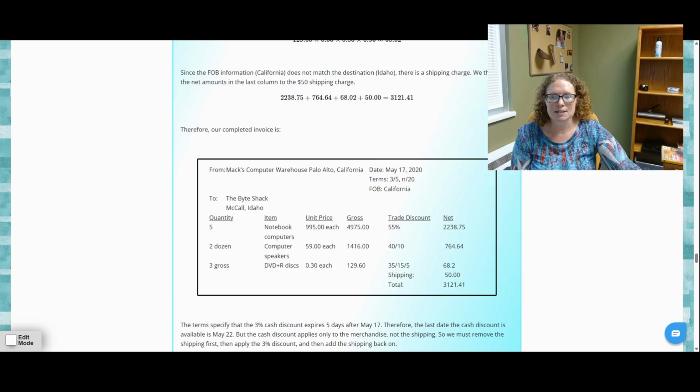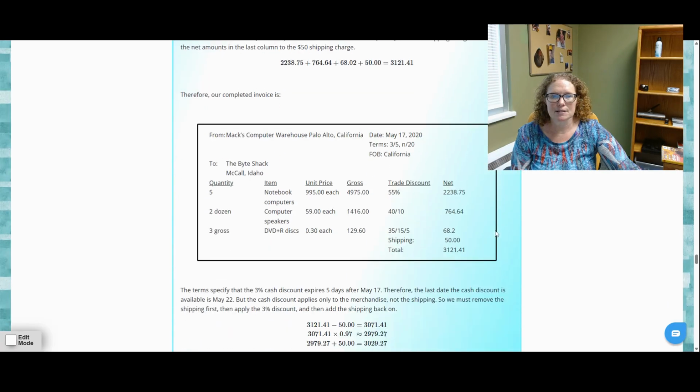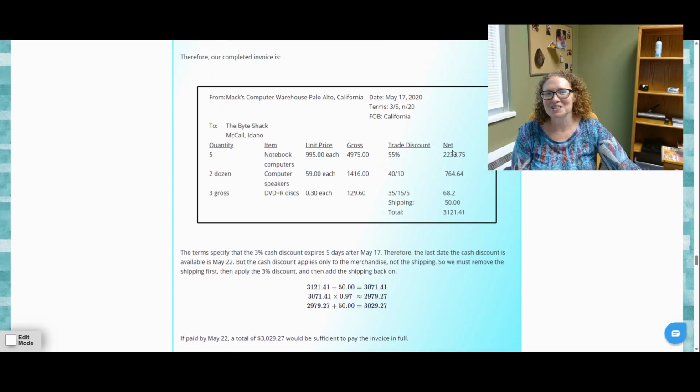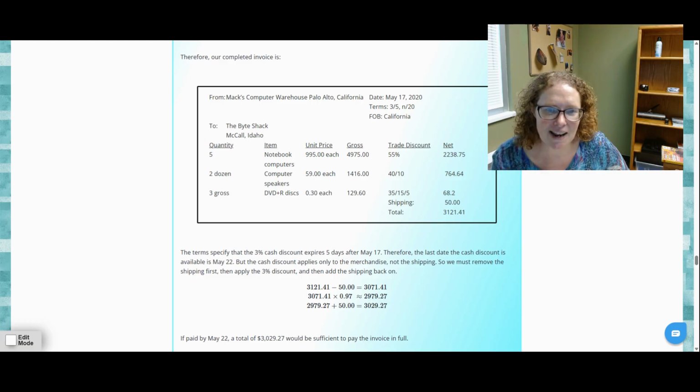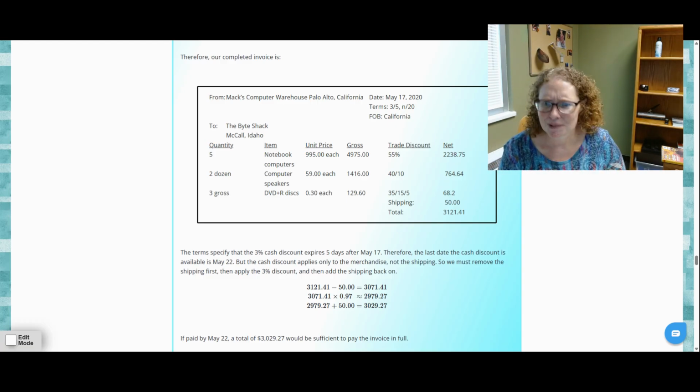So in this example, we see that we've got the terms. It says 3, 5 in 20. What does that mean? The terms mean that there's a 3% cash discount and it expires 5 days after May 17th.